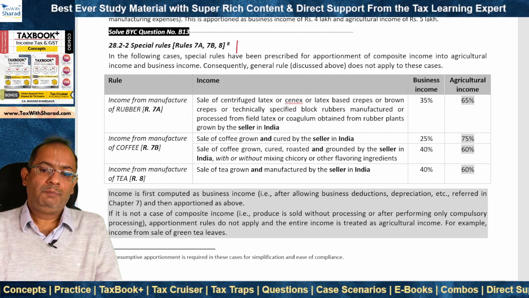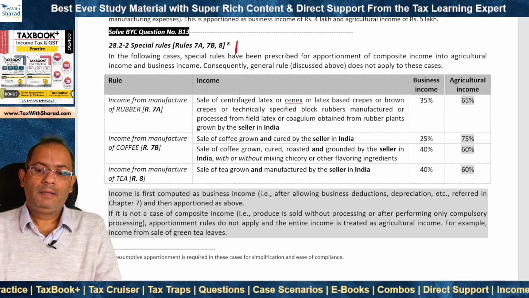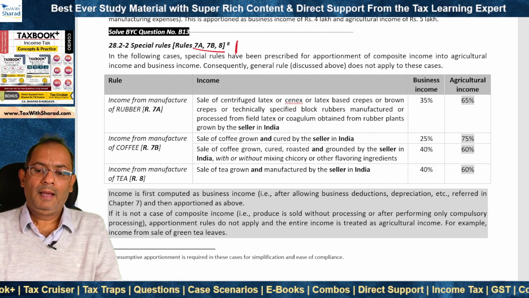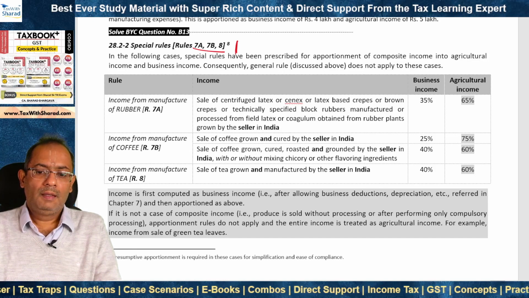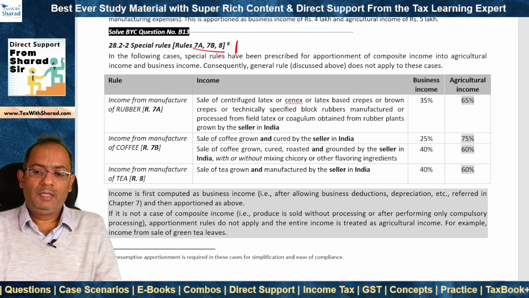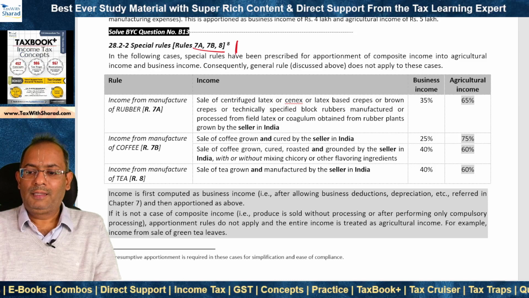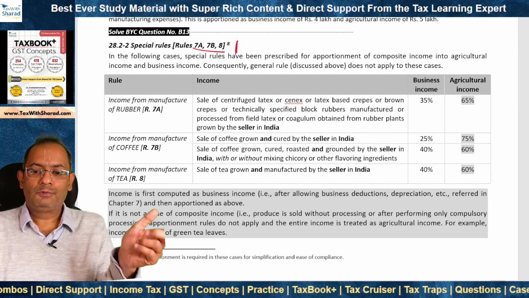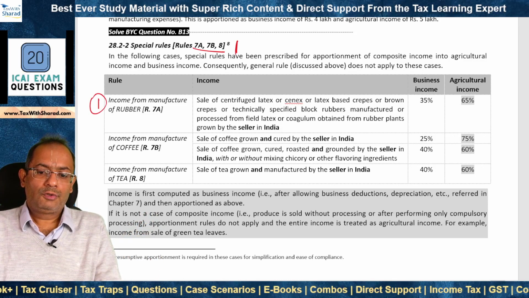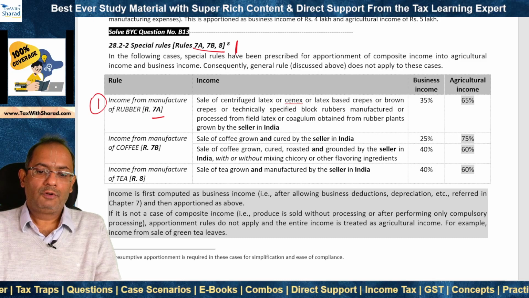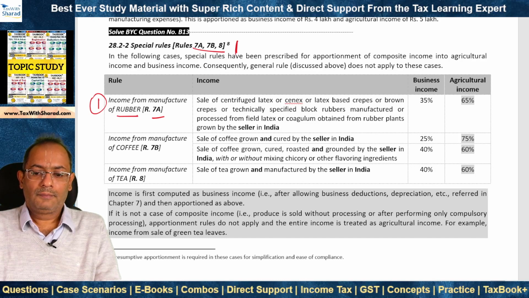Now there are certain special rules which are provided under 7A, 7B and 8 which deal with certain categories of income where a standard percentage is prescribed in terms of apportionment. So first is rule 7A which deals with income from manufacture of rubber.